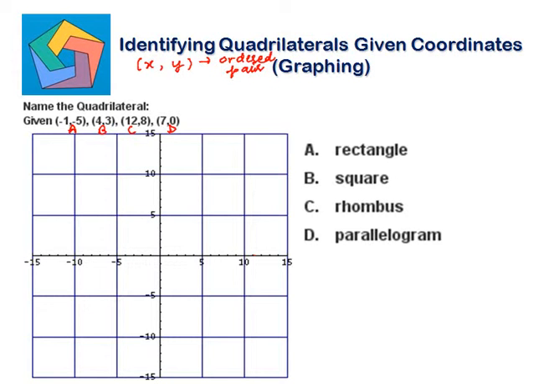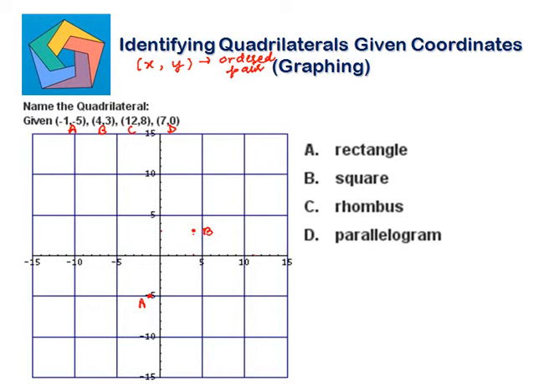(-1, -5) will be here, this point. I'll put a small dot. A. (4, 3): this point here, 4 on the x-axis and 3 on the y-axis.